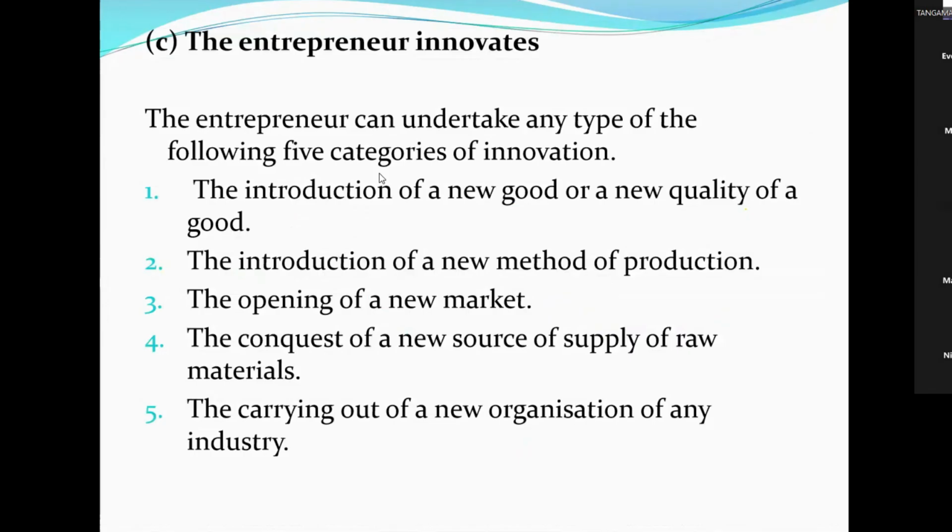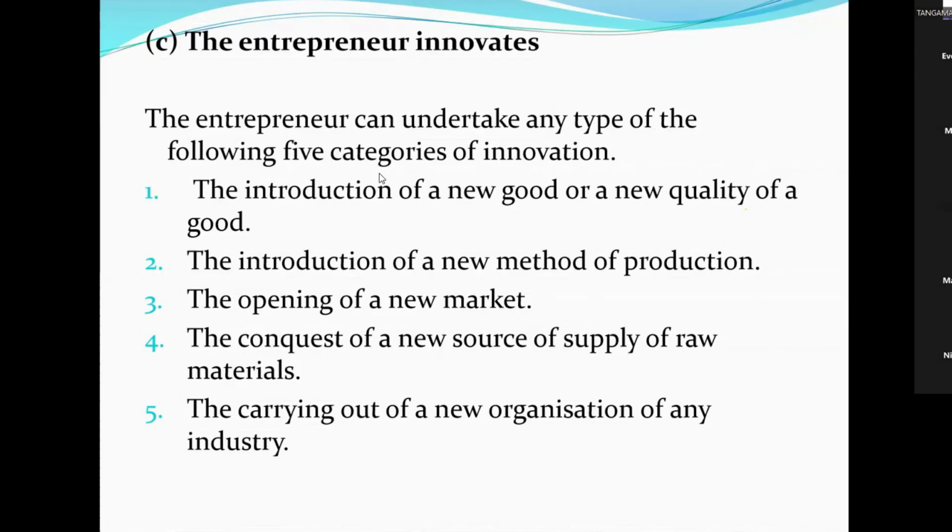Innovation covers introduction of a new good or new quality of good, introduction of a new method of production, opening a new market, conquest of a new source of supply or raw material, carrying out of a new organization of any industry.